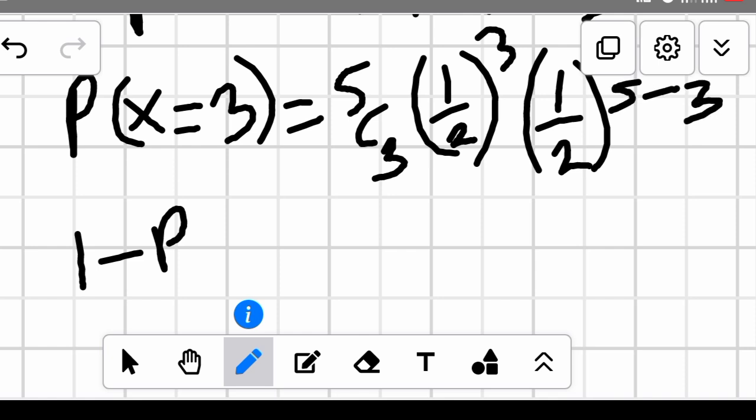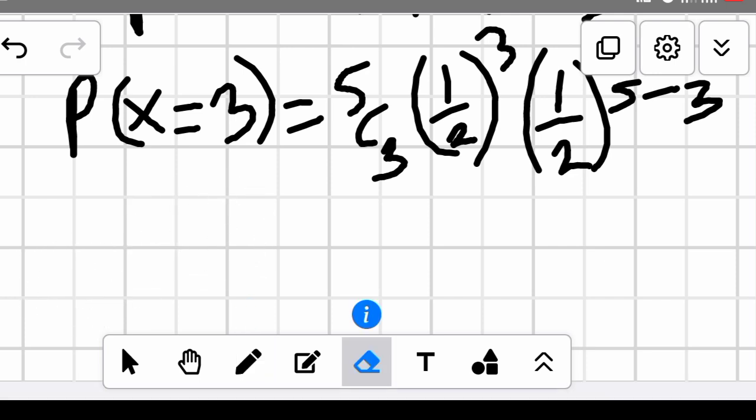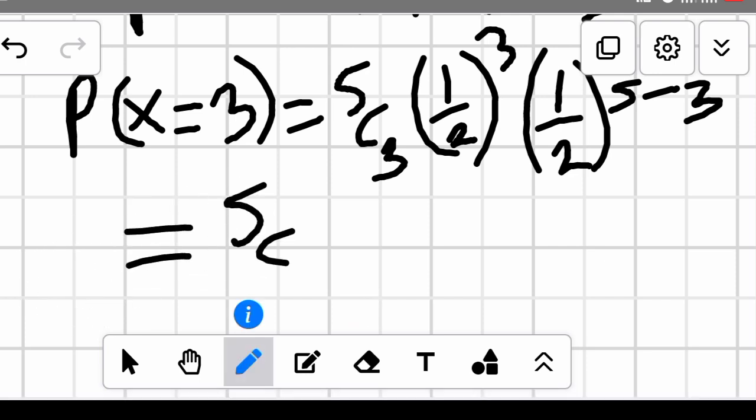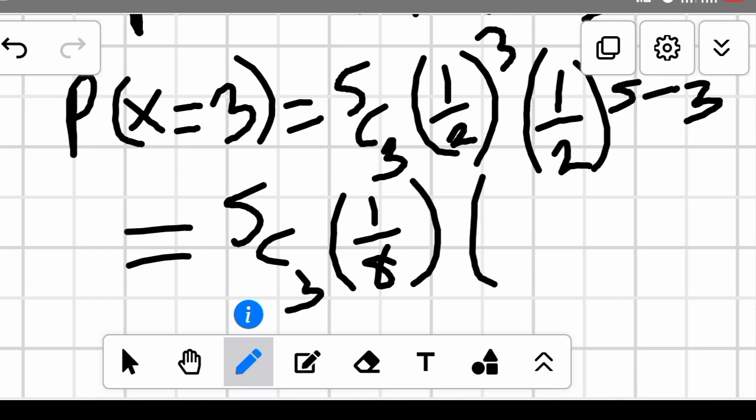So in this case, what we're going to have is this equals 5 combination 3, then this will be 1 over 8, then multiplied by 1 over 4, because 5 minus 3 is 2, and if you have 1 over 2 raised to power 2, it's going to give you 1 over 4.